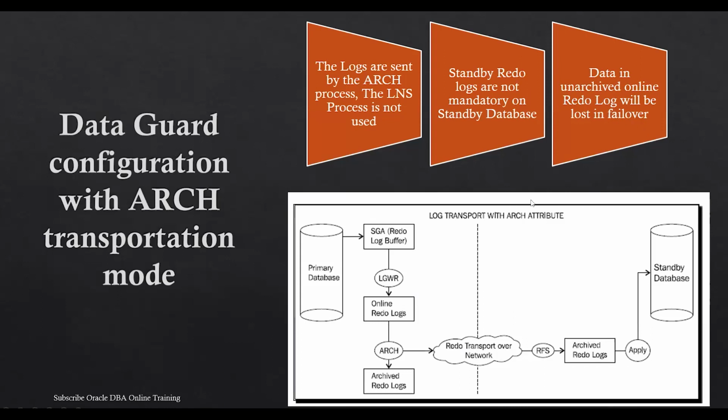So the data which is unarchived will be lost. It is not copying from the online log file. It performs one additional step, the archive operation, once your online redo log files are generated. So in case some issue happens, this online redo log data will be gone, and data loss is possible in this scenario.